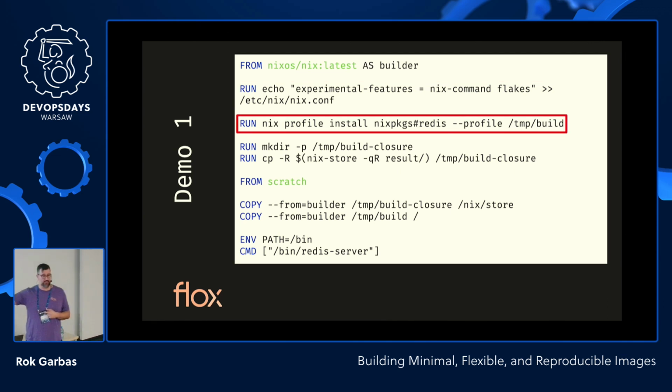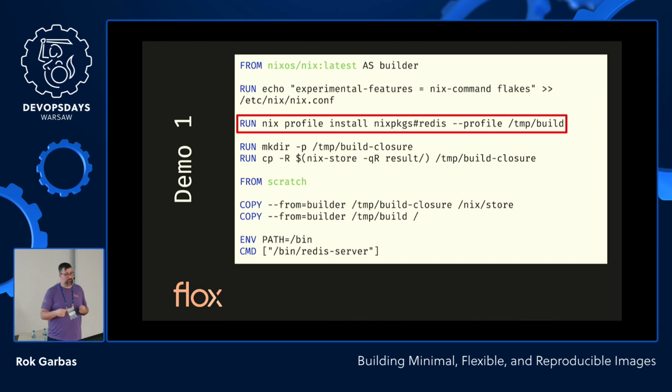Then we use this command line called nix profile install, and we list all the packages that we want to install. There's also a website where you can search, or you can search from the command line. We install them, they will be installed on the system, and then a symlink to that profile will be created in this location. Okay? Easy, right? Like any other package manager.